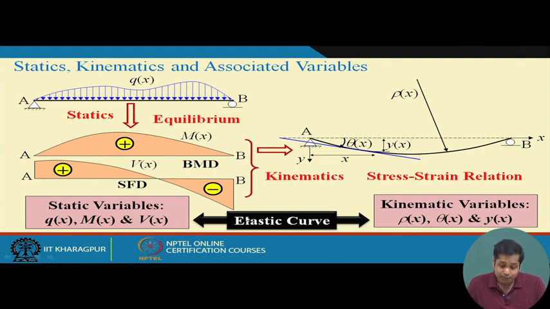Before I introduce the conjugate beam method, you see there is a similarity between how the static variables are related to each other and how the kinematic variables are related to each other. Rho is related to theta, and theta is related to y. Similarly, q is related to moment, moment is related to shear, and all these variables are related to each other.